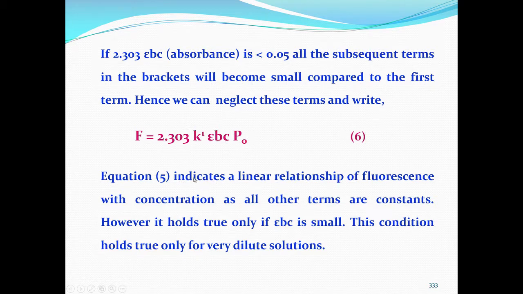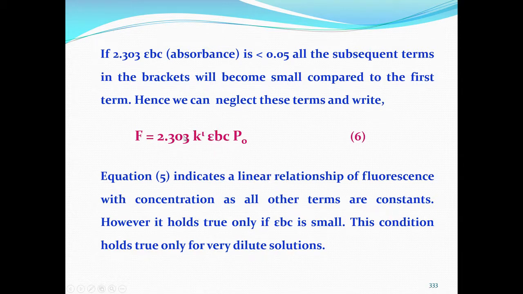So, in this equation, again 2.303 is constant, epsilon is constant. If I keep P naught constant and b, the path length, is also constant, I have only the term fluorescence. I can relate it with a constant term and concentration.